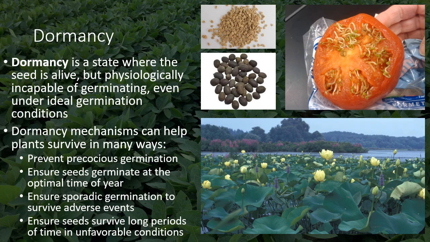And American lotus were able to survive what could have otherwise been a near extinction by having seeds which have a waterproof seed coat, which ensures that they will sporadically germinate over the course of decades and centuries, which makes their populations extremely resilient. So dormancy can actually be a super big advantage to wild plants, but certainly it can pose some challenges for those of us who grow them.